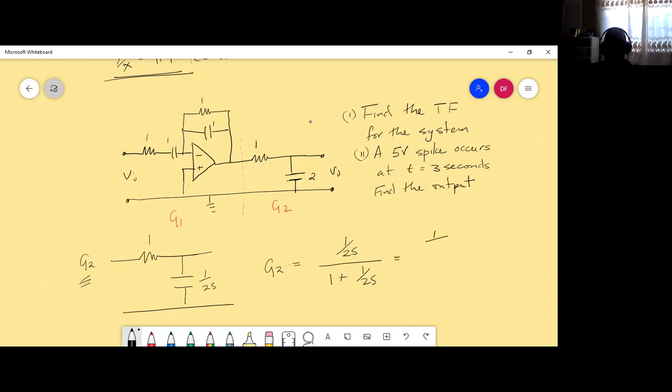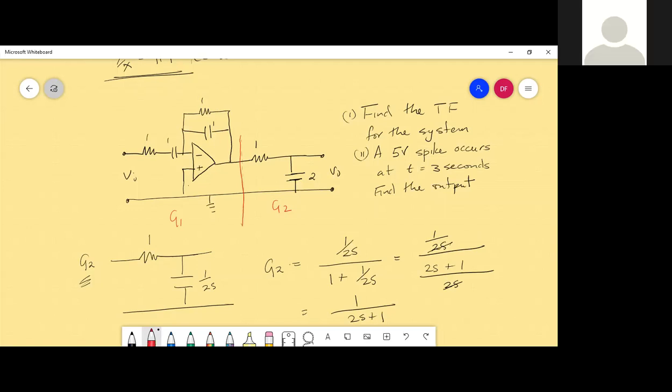So that's 1 over 2s over 2s plus 1 over 2s, which gives G2 equal to 1 over 2s plus 1. So like I said, we have divided our circuit into two.